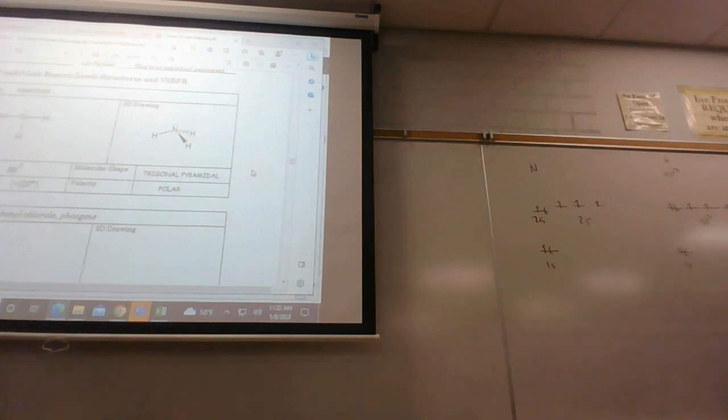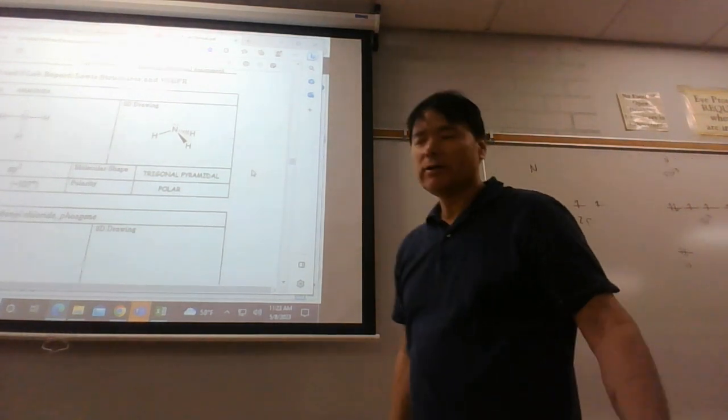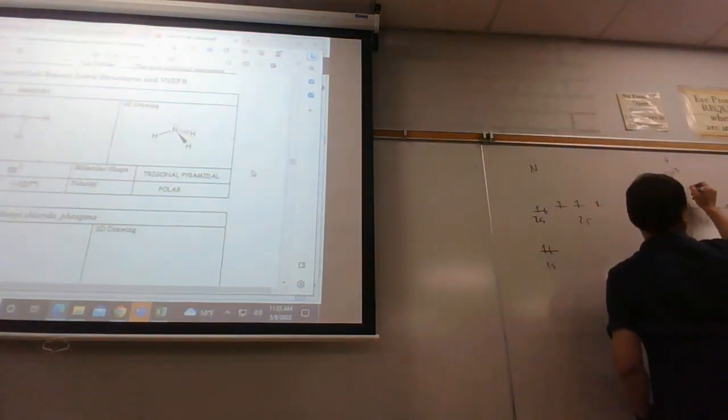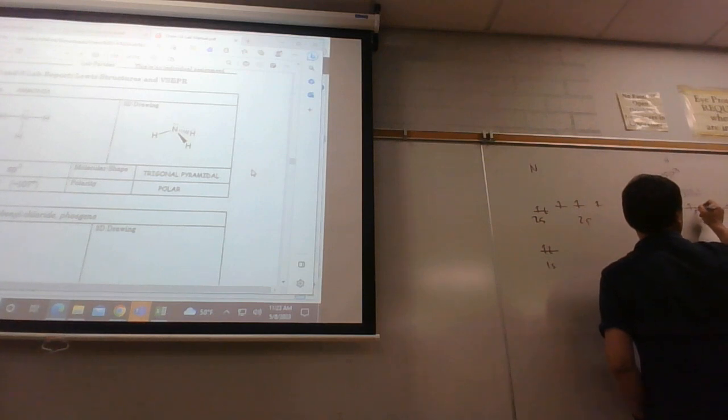The other atom we have is hydrogen. Hydrogen's easy because hydrogen just has the 1s. There's no hybridization there, it's just 1s. Okay, I should draw the spin down. And so what I'm going to show here is that hydrogen is going to come in with its 1s orbital here and bond.